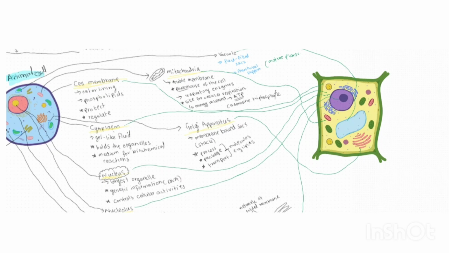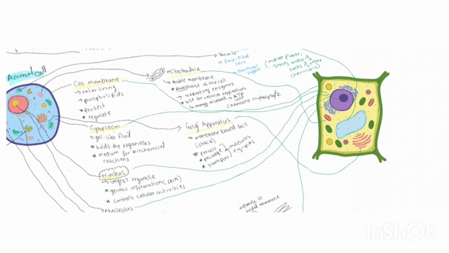It's very distinct. And in mature plant cells, the vacuole stores, let's write it down, water and salts and other chemicals.